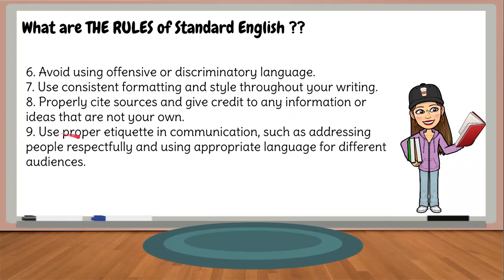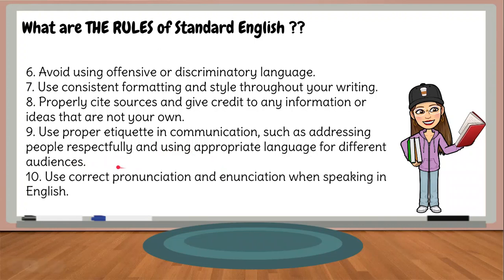Ninth, use proper etiquette in communication, such as addressing people respectfully and using appropriate language for different audiences. Tenth and lastly, use correct punctuation or pronunciation and enunciation when speaking in English.